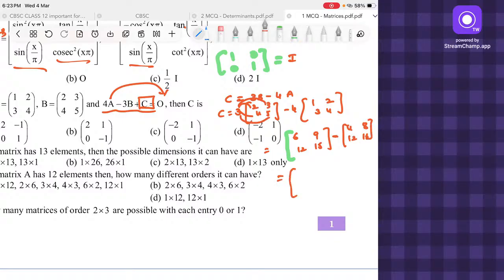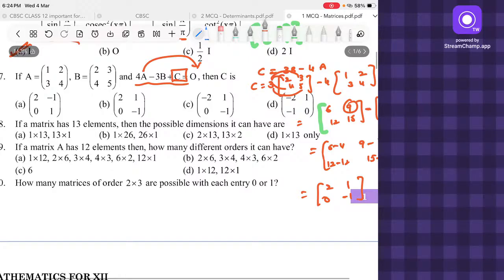Then take 6 minus 4, 9 minus 8, 12 minus 12, 15 minus 16. Finally you get 2, 1, 0, and minus 1. Then this is B option, 2 1 0 minus 1.